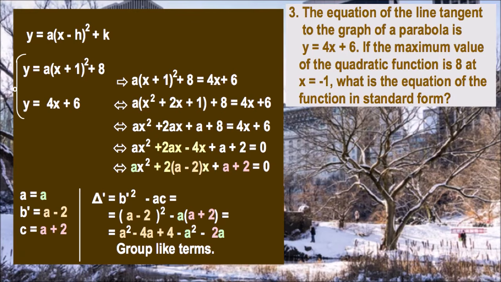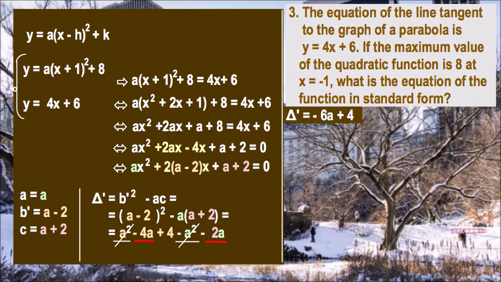Now, group like terms to beautify this statement. A squared, negative a squared, cancel out. Negative 4a, negative 2a are like terms, thus discriminant prime is equal to negative 6a plus 4.